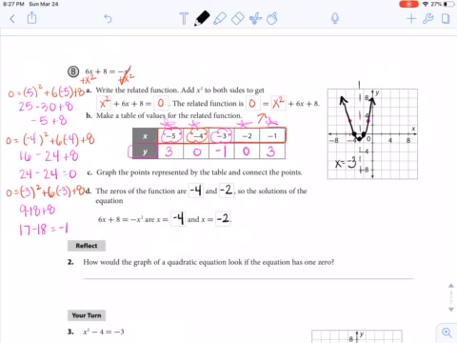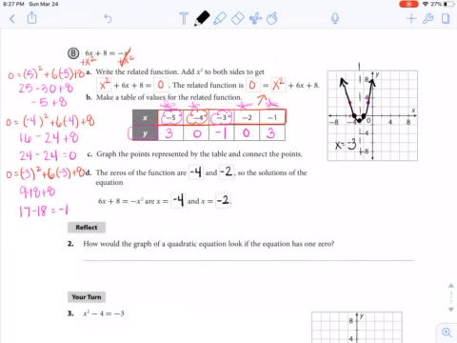Okay, and so we're going to continue on. So how would the graph of a quadratic equation look if the equation has 1 zero? Well, if the equation has 1 zero, what do you guys think?